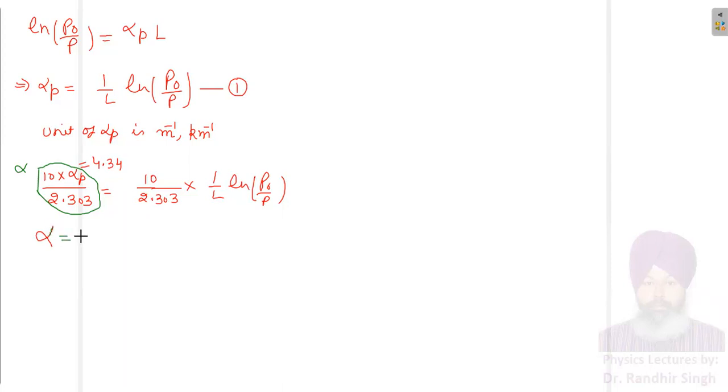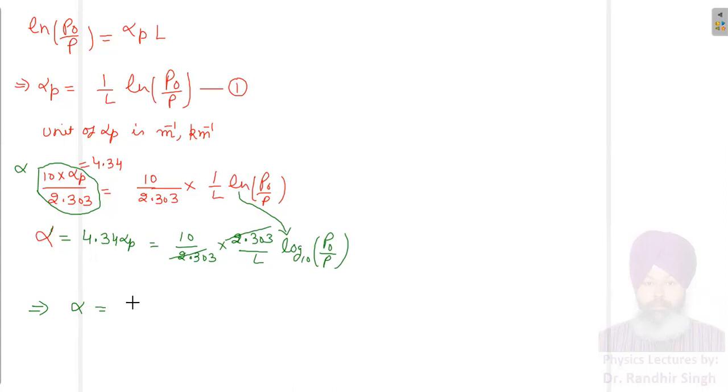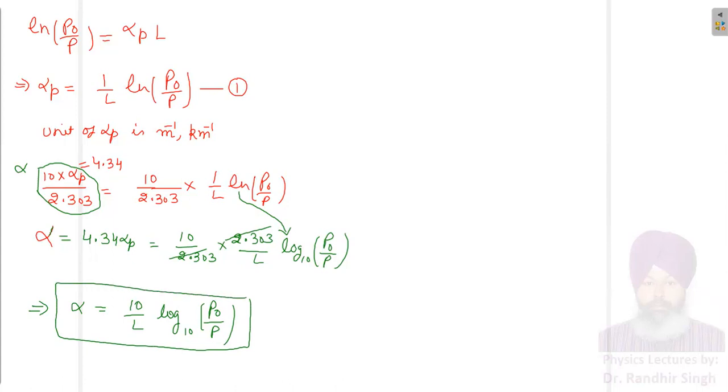So alpha is equal to 4.34 alpha P, which is 10 upon 2.303 into 2.303 by L log to the base 10 P0 upon P. Here this is natural log and this is log to the base 10, and I have converted the natural log into log to the base 10, so that 2.303 gets cancelled and fiber loss alpha will be equal to 10 upon L log to the base 10 P0 upon P. So these are the two equations.